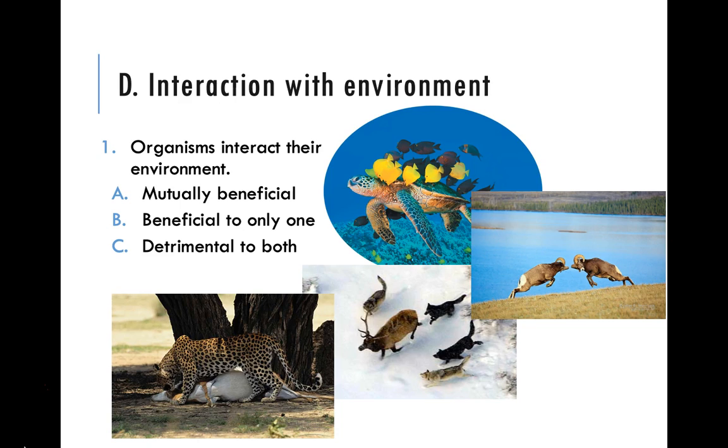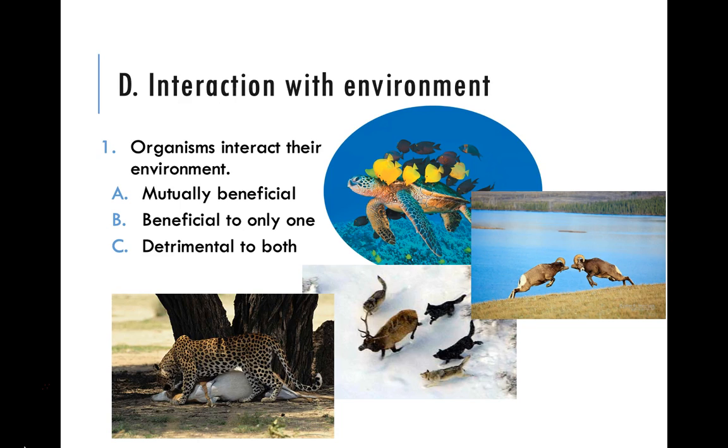So ultimately, one is probably going to win out and get the mate, but if they're both hurt in that process, it's detrimental to both. You might also have a fight over a food or a resource where one animal gets killed or badly injured, and the other one gets badly injured.